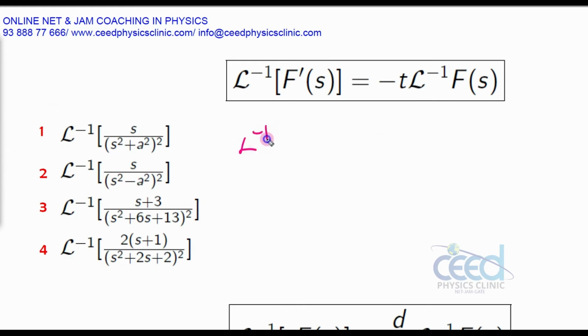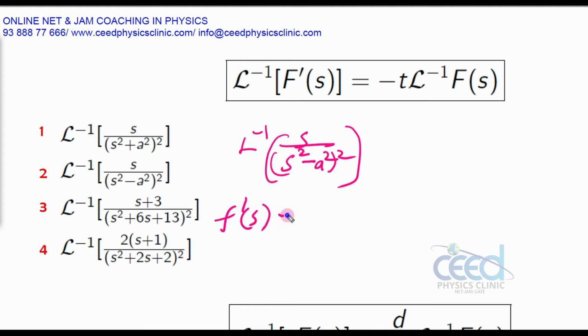Here you can see another problem: the Laplace inverse of s by (s square minus a square) whole square. Here also you can take this as f dashes. So f dashes is equal to s by (s square minus a square) the whole square.